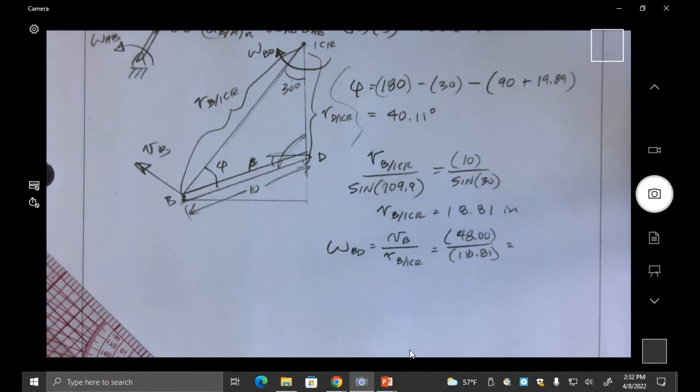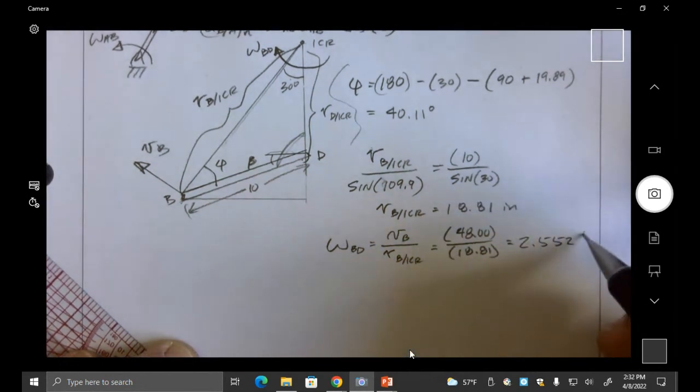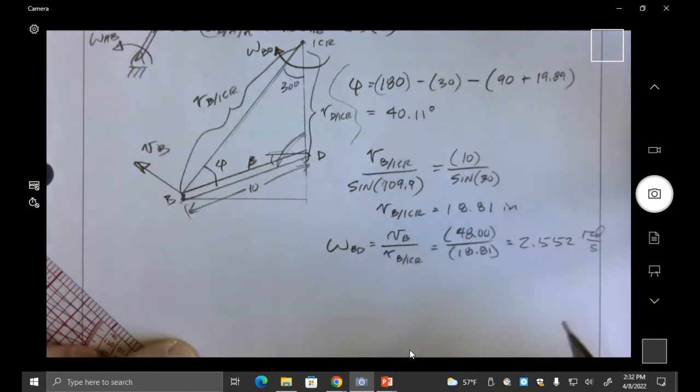Please be right. Yes, got it right. 2.552 radians per second.